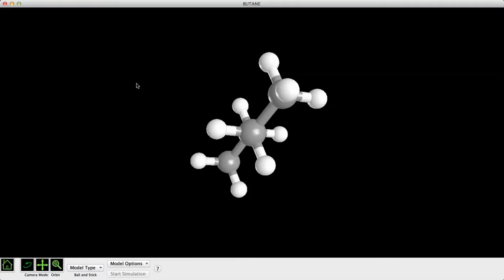A couple of things worth noting is that this is the lowest energy conformation of N-butane because the biggest, bulkiest group on the front carbon, C2, is anti. That means it has a dihedral angle of 180 degrees relative to the biggest and bulkiest group on the back carbon, which is C3.